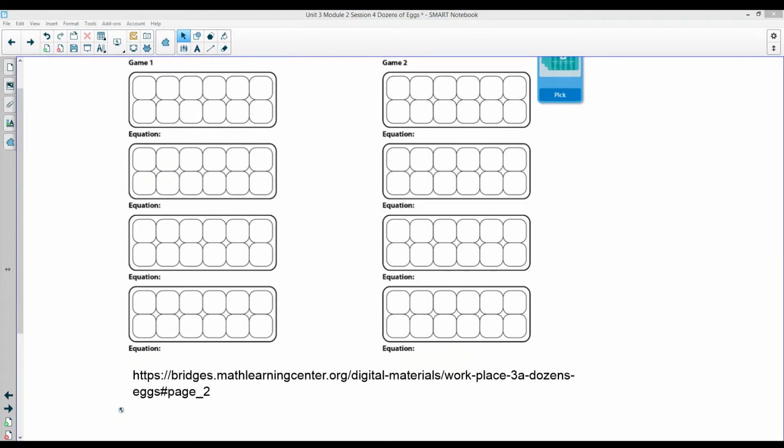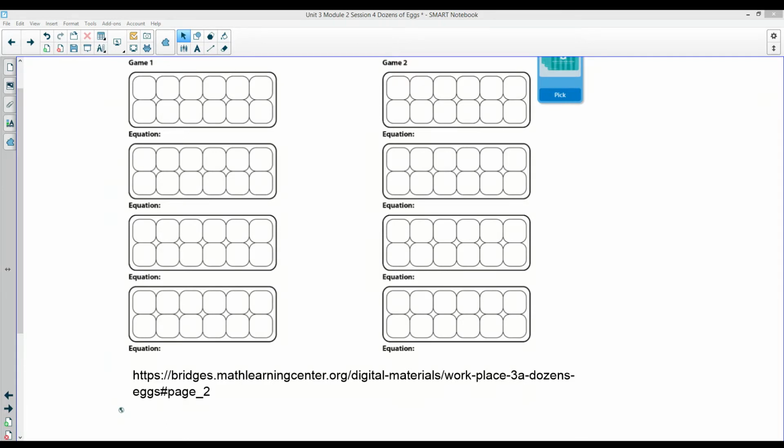Now, again, I might get on here and erase. Oops, wrong one. I'm not the best at this. I'm just going to do a couple more to show you what it is.